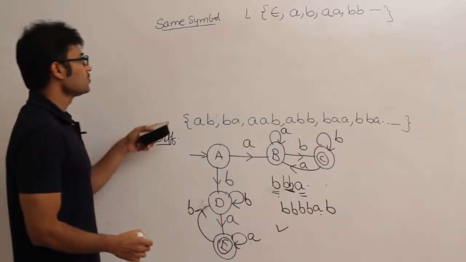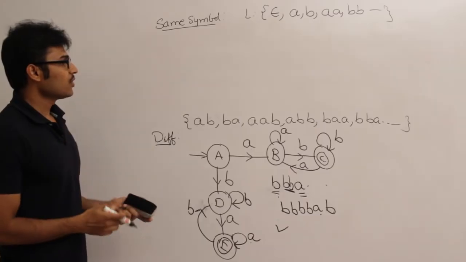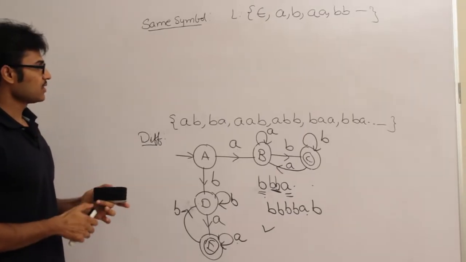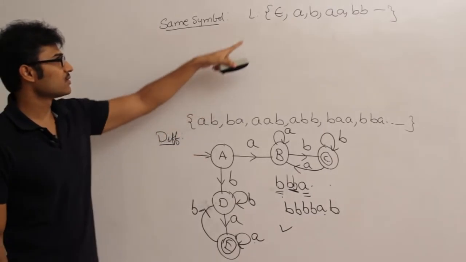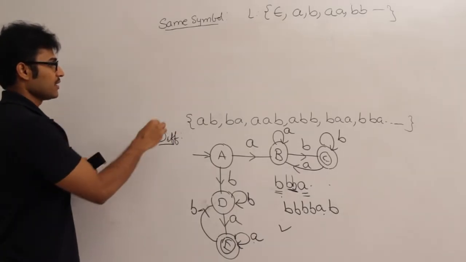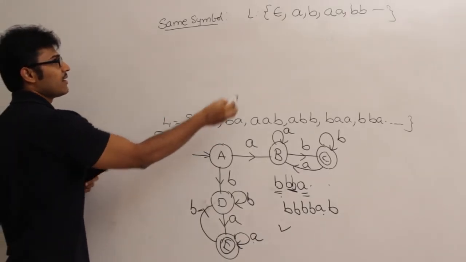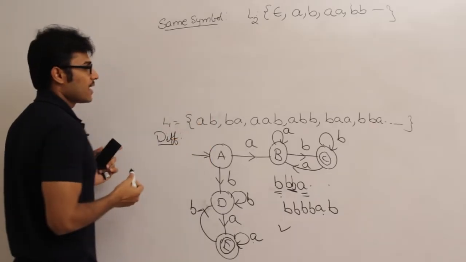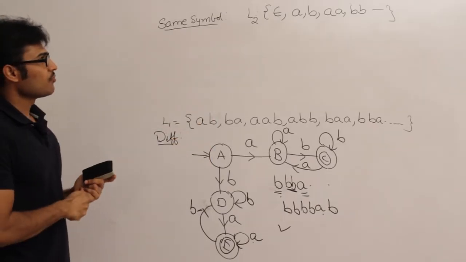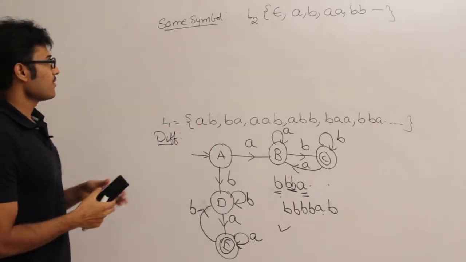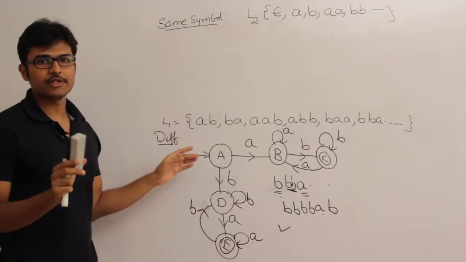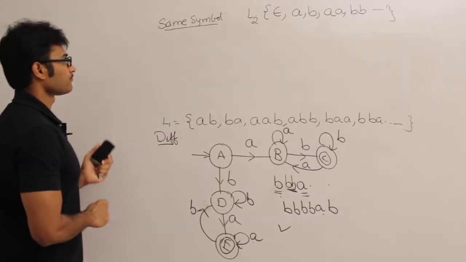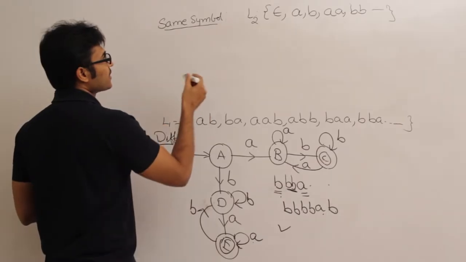If you look at these two languages, both are exactly complements. If a string is in this language L1, it is not going to be in this language L2. Let us call this one L1 and this one L2, and they are exactly complements of each other. L1 union L2 is going to be everything. So let us try to design this.